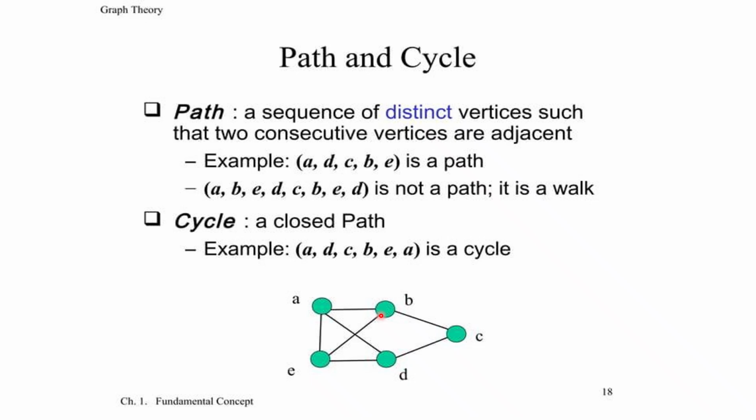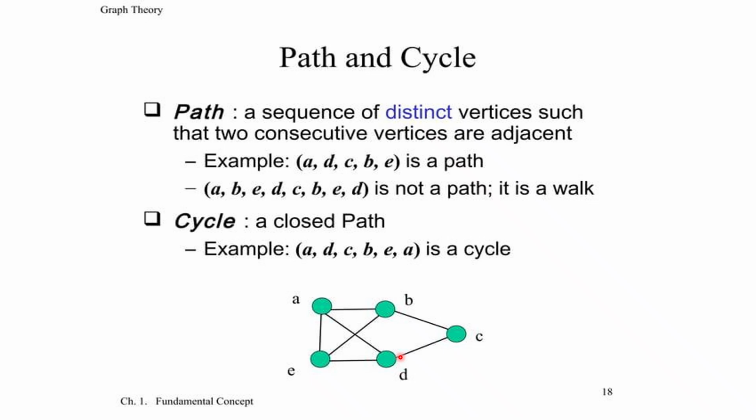Consider another one. We travel from vertex A to B, B to E, E to D, D to C, and C to B, B to E, and E to D. This is not a path.